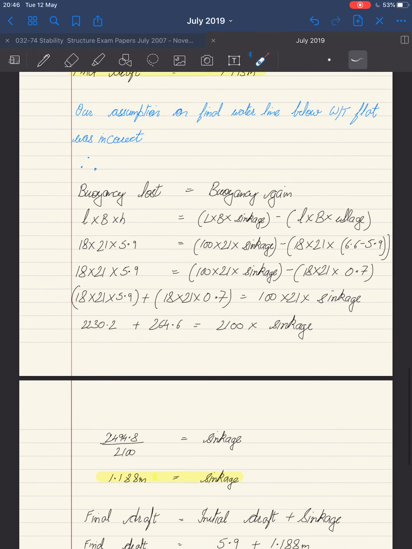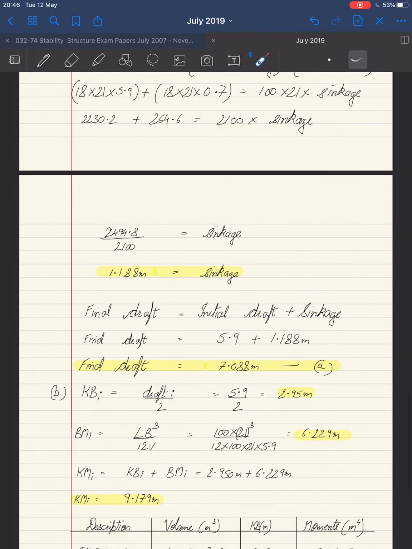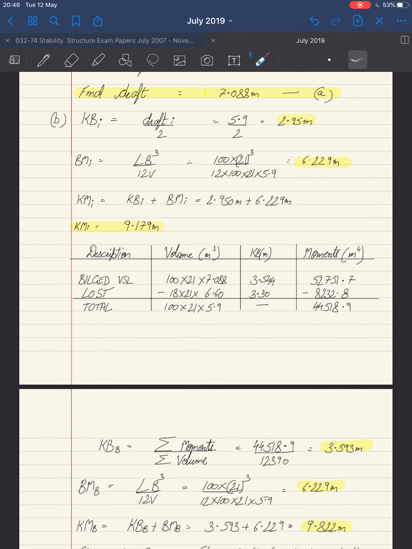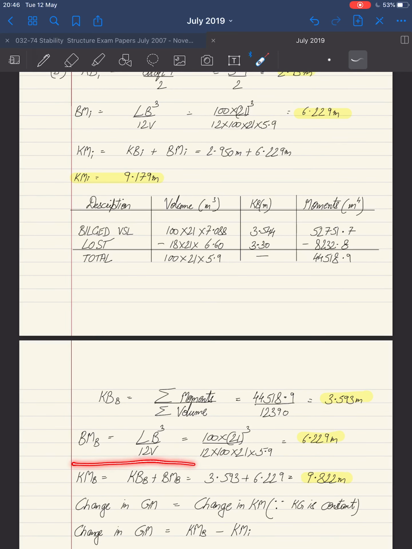So if we look at the question again, part B of the solution, we would see that BM intact was 6.229 meters and BM bilged was also 6.229 meters, and it hasn't changed because of the fact which has been said just before.